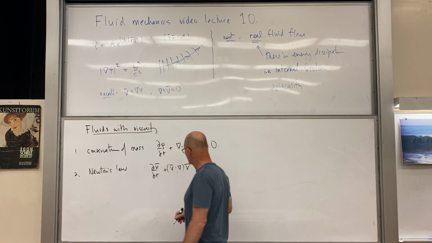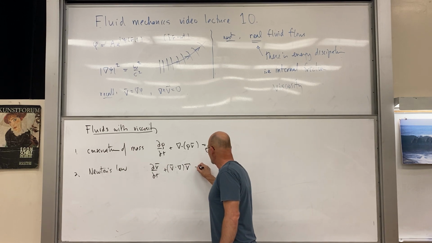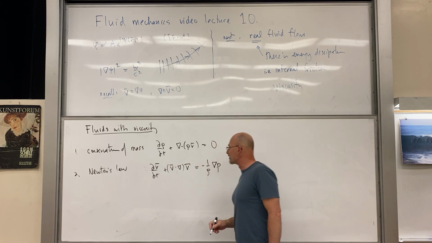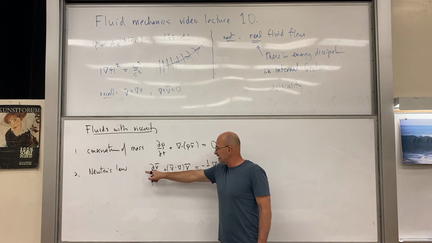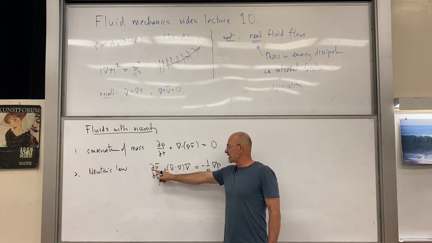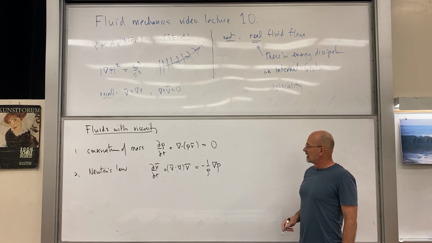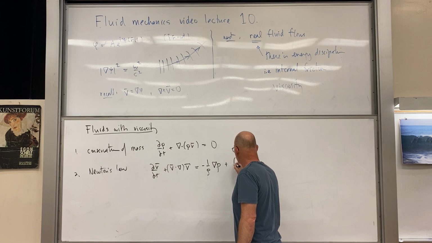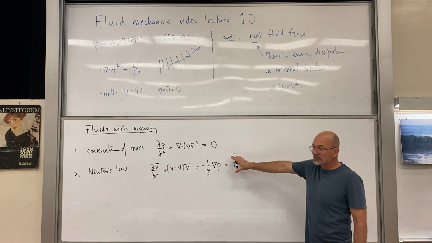So this was the acceleration side, equaled minus 1 over rho gradient of the pressure. That was the force side. Multiply it over, you'd have had mass times acceleration per unit volume. Okay. Now, what we're going to do is add friction. So we're going to add friction terms to this equation.